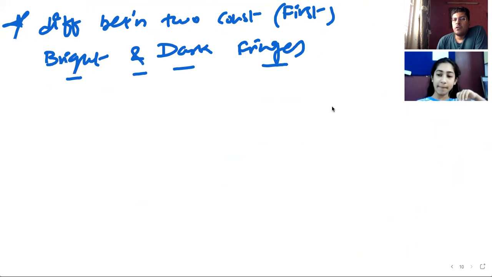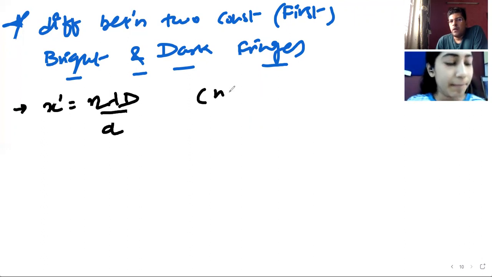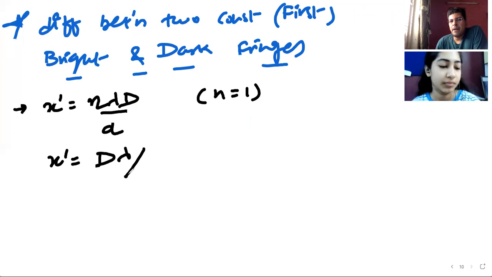Now let's write the condition for both. First, number 1, constructive: x equals, let me call it x dash, or x c for constructive, equals n lambda capital D upon small d where n equals 1. So my x dash equals lambda capital D by small d.